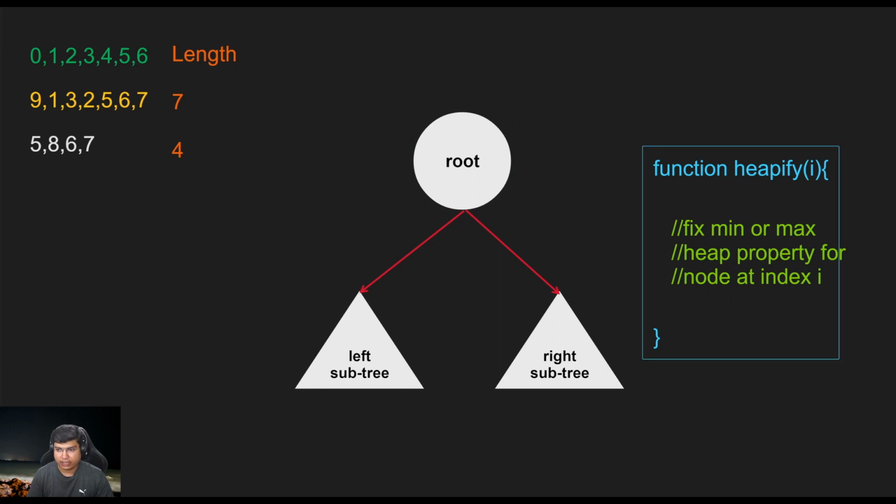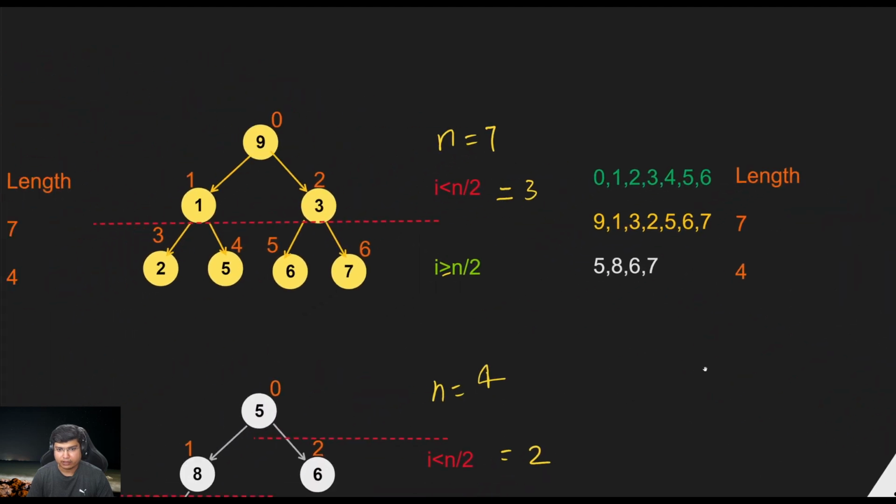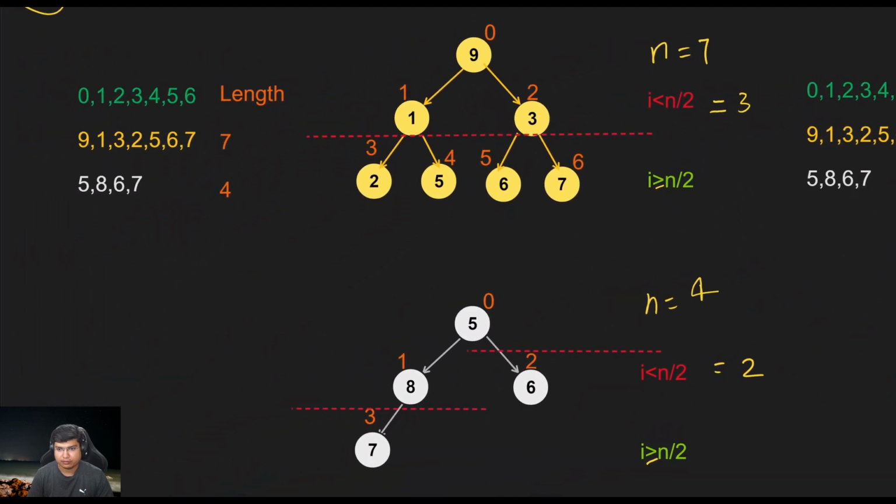Now if we have to apply this function onto our array, what should be our starting index? If we go back to the previous diagram, we see that all the leaf nodes are already a valid max heap or min heap. That means we should start from one level above the leaf nodes, which is the indexes less than n by 2.